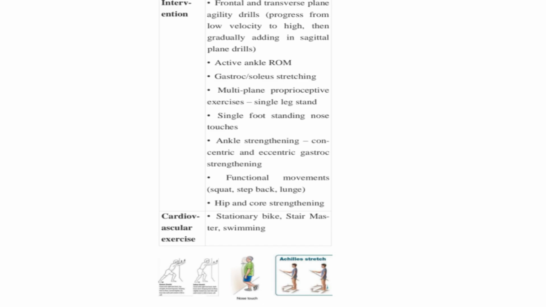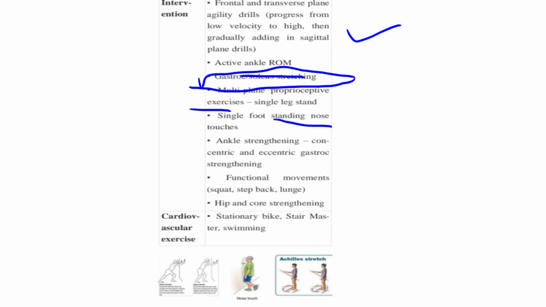Interventions: frontal and transverse plane agility drills, from low velocity to high if there is improvement, active ankle range of motion, gastrocnemius and soleus muscle stretching, multiplane proprioceptive exercises, single leg nose touches, and ankle strengthening that we discussed previously.